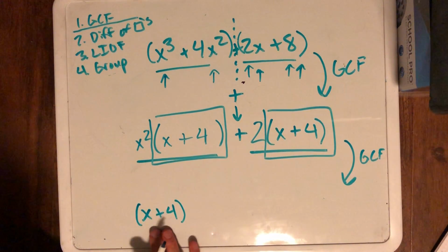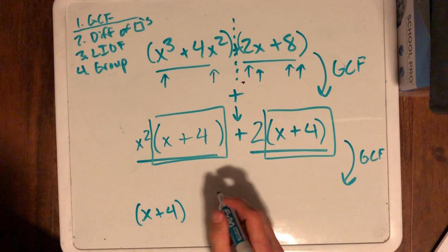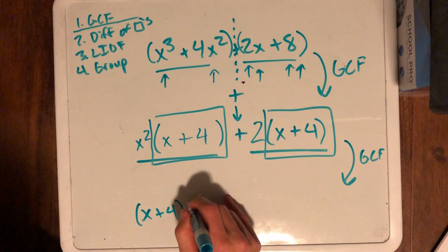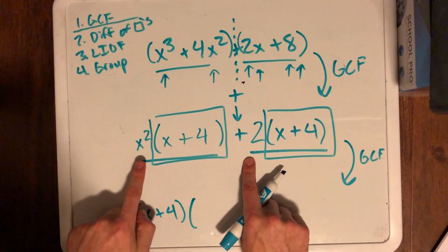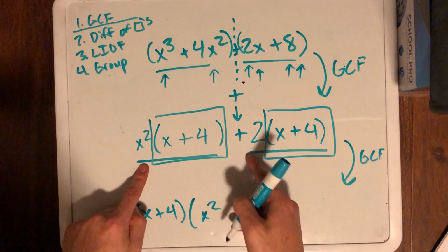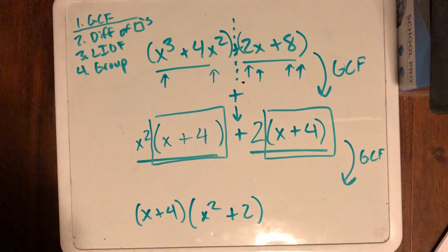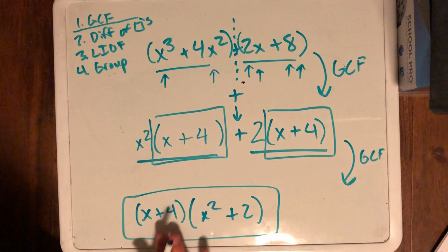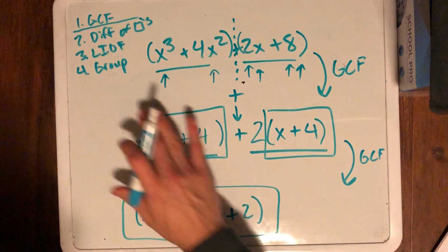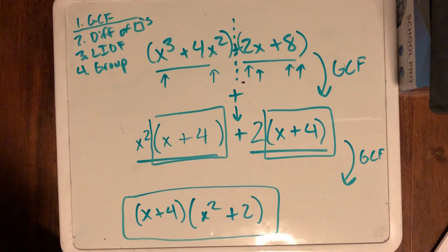We want to make sure to keep it in parentheses, and I'll explain why in a second when we get the rest of our answer. So now our guts is what's left over when we divide by x plus 4. So we have an x squared, and we have a positive 2. So this would actually be our answer. This would be the factored form of this original big gross polynomial that we didn't know what to do with.